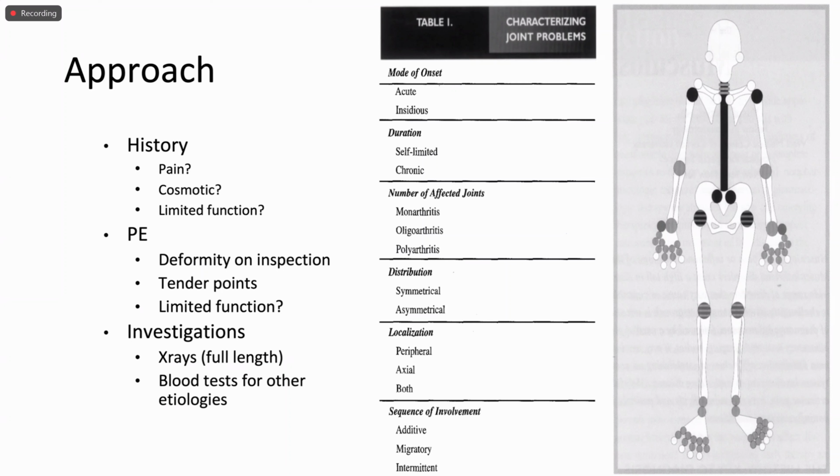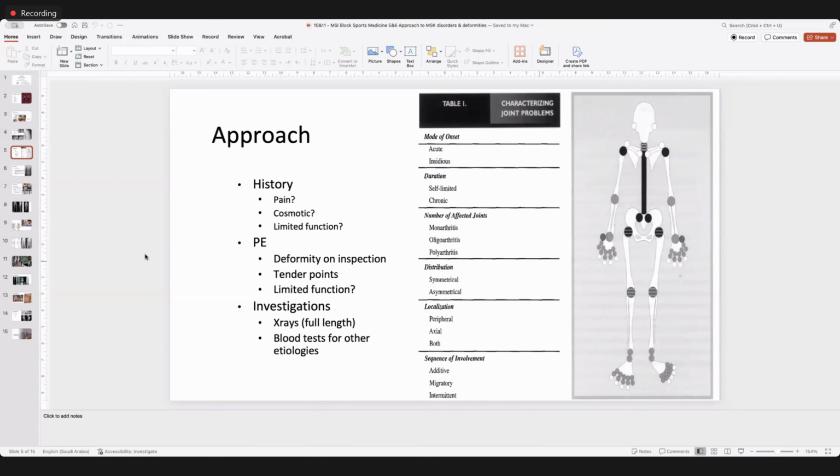This you see more of the inflammatory type of thing, and then you do physical examination. You see deformity. You palpate any tender point and limited function with the exam, range of motion, and then you investigate with full length imaging of the limbs affected, and then go on.